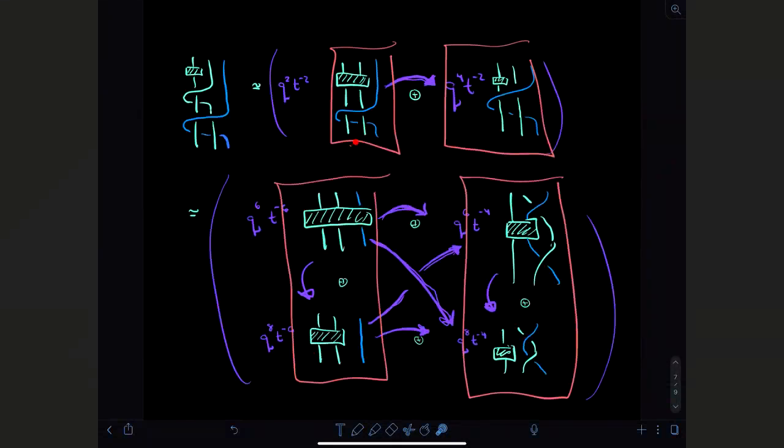So this one term becomes 2, this one term becomes 2, and that replacement can be performed inside the larger twisted complex.